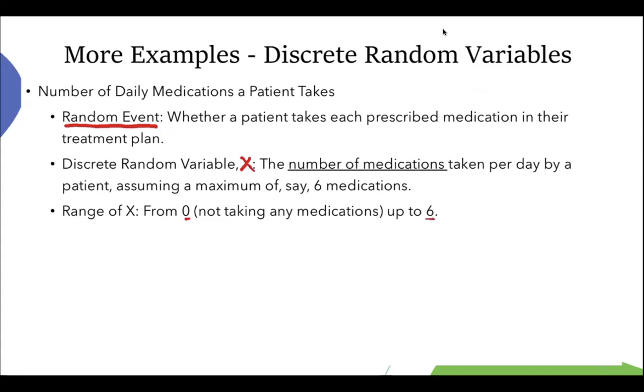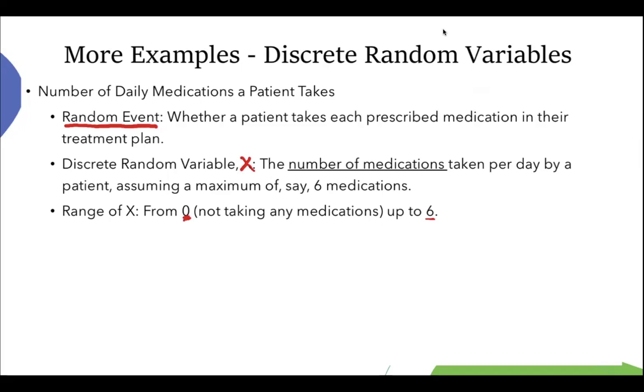So imagine the situation where you have a patient who takes, or is supposed to take, six medications a day, but sometimes some things happen. Sometimes people forget, or illness may cause you to be sick and you can't take all your medication. So the number can vary from day to day. The person can take all six, but there's a possibility the person doesn't take any, or just one, or two, or three, or four, or five.